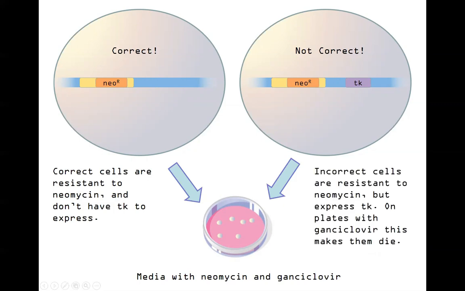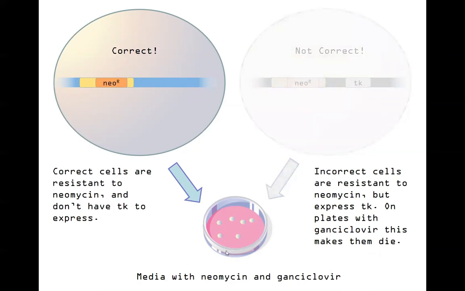Okay, so in the incorrect situation, technically they would be probably resistant to neomycin, depending on the sort of transcriptional machinery around wherever this has been dropped. But because they are going to be expressing this thymidine kinase on plates that contain ganciclovir, they will end up dead. So what we're left with are only cells that are likely to have the correct placement of this cassette. Okay, so of this piece of this construct, this is going to be what we're looking for.